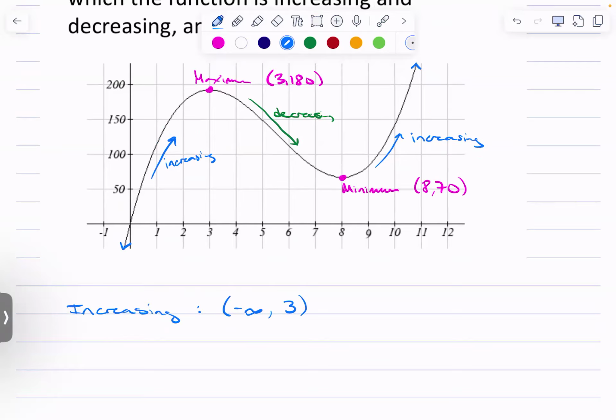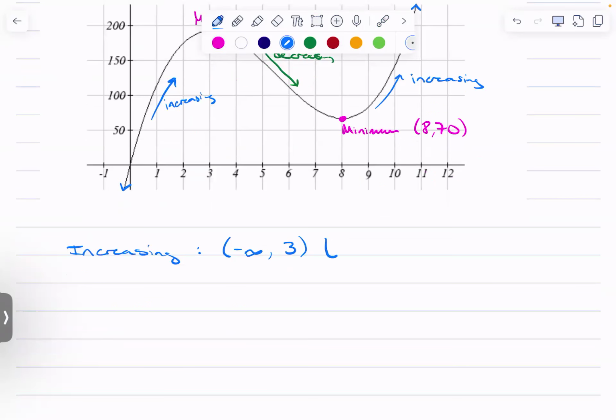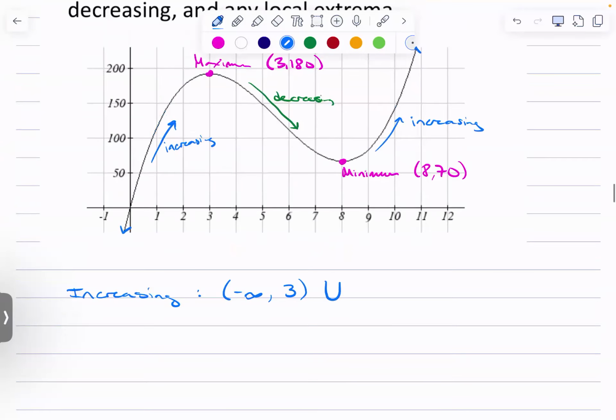And then we need to link up the next increasing interval. Do you remember the U, capital U, for union? You can read it as or, right? Here or here. Picking up at 8, and I'll write a note about the maximum and the minimum not being included because it's neither increasing nor decreasing, but I want to do this first.